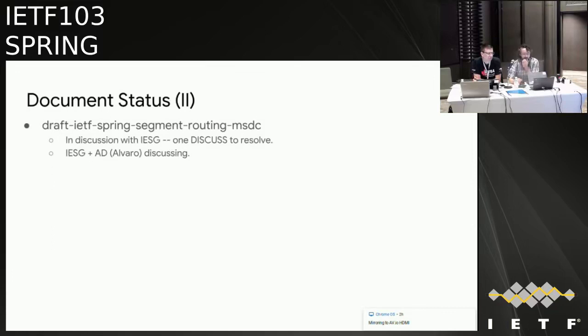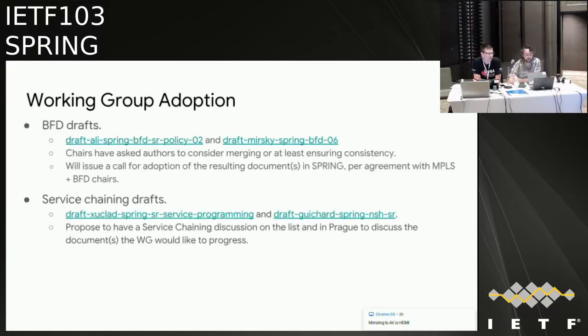In terms of working group adoption, we have a couple of areas that I think we've had some discussion on in a couple of meetings, and we have interesting competing drafts. On BFD, we have these two drafts, one for SR policy and one for more generally Spring BFD.